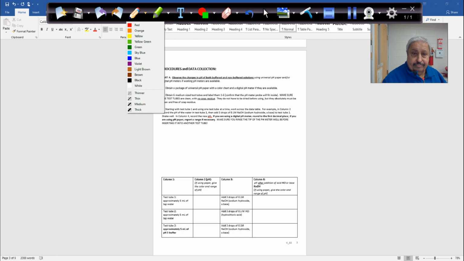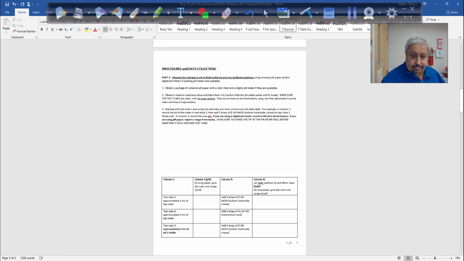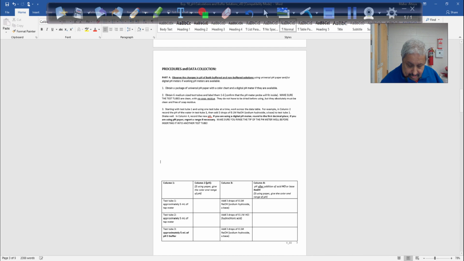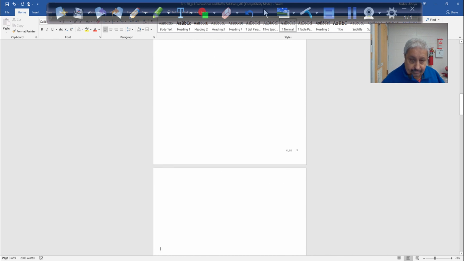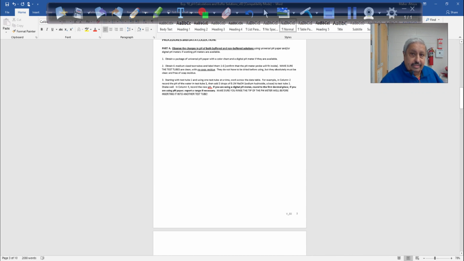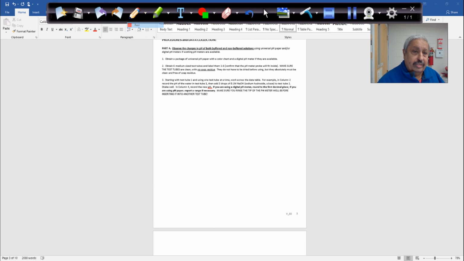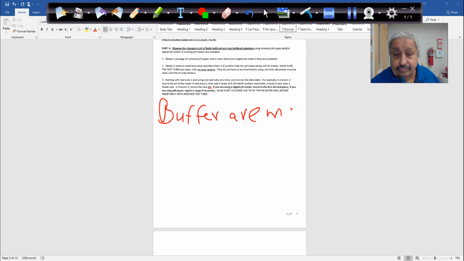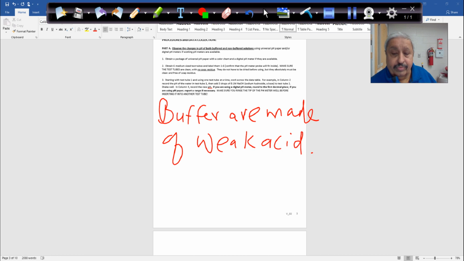Let me see here. So what's happening here is, let's look at this. Buffers are made of weak acids plus their salts or conjugate bases.